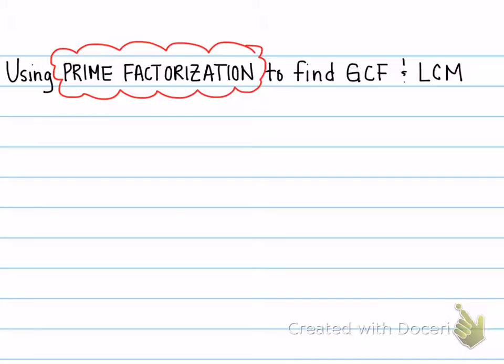This is actually my favorite way to find GCF and LCM. It may seem like it takes longer, but in the end it's more consistent and I think easier to work with. So what you're going to do is you're going to use prime factorization like we've learned already. So we're going to make factor trees for both of the numbers, and then we're going to work with the prime factors to find both GCF and LCM.